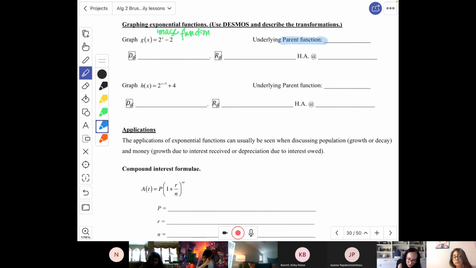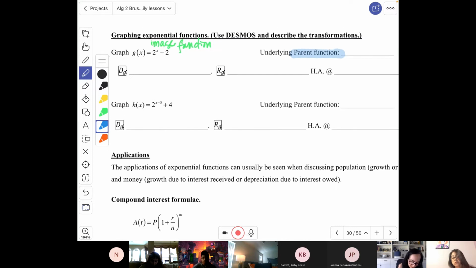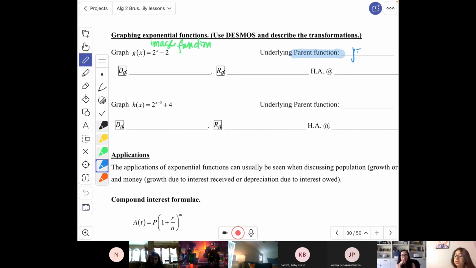Without any transformations, you should be able to recognize the parent. What is the parent? 2 to the power of x. That is absolutely correct. That is your underlying parent function.